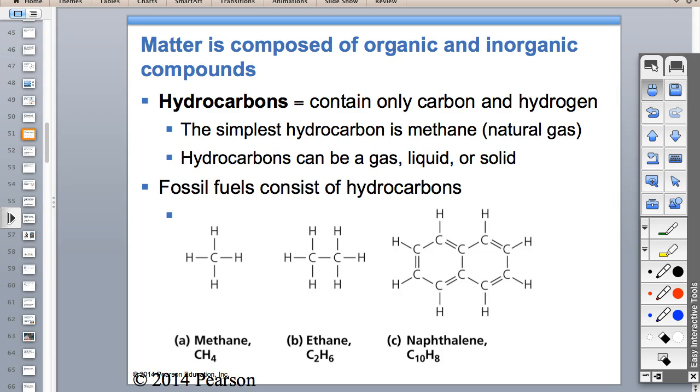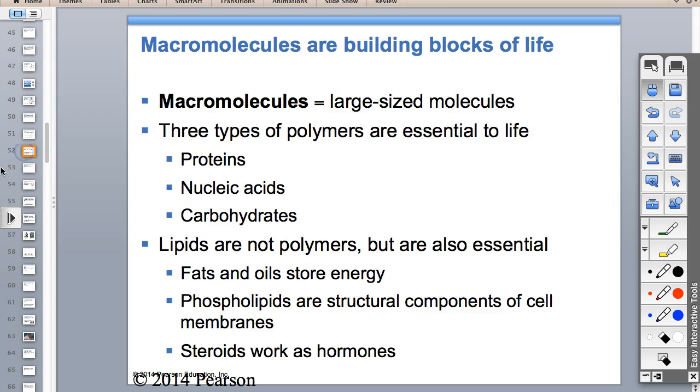Polyester pants, like dress slacks. Do you have some dress slacks that are kind of stiff and they repel water? That's made of oil, and so you can actually rearrange oil and get these polymers, these long repeating chains that do some cool things. But yeah, that's what we need to know about organic chemistry in this class.